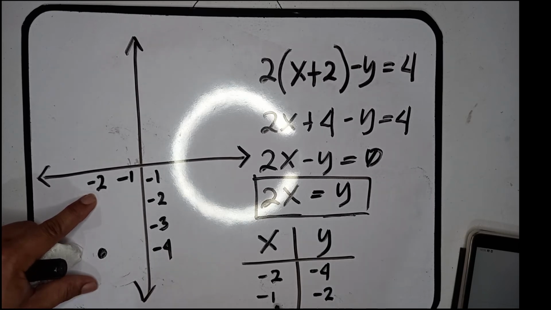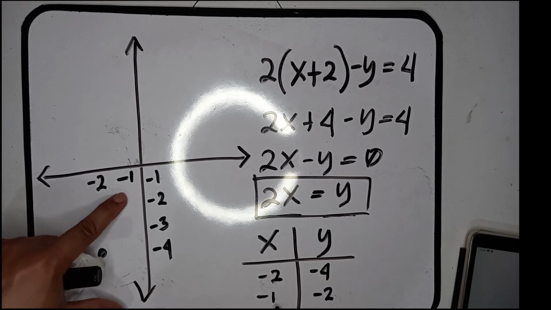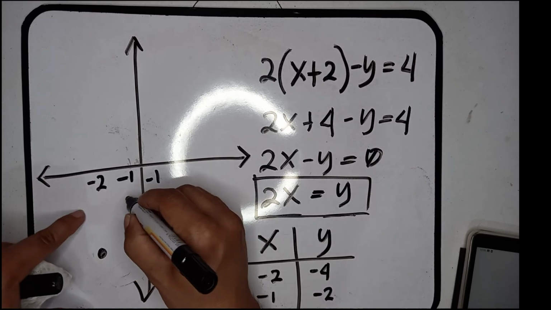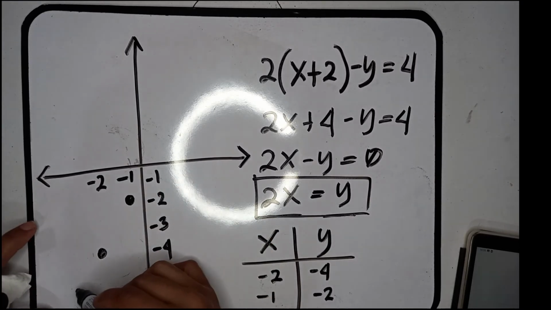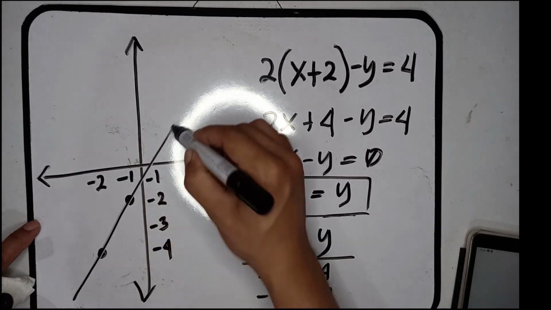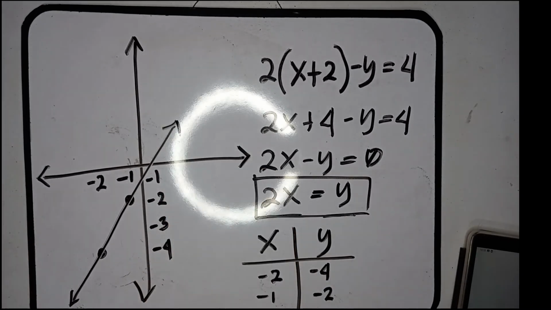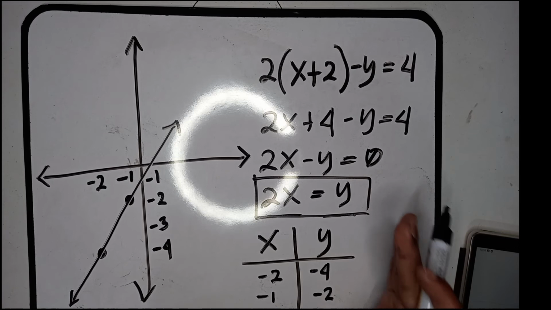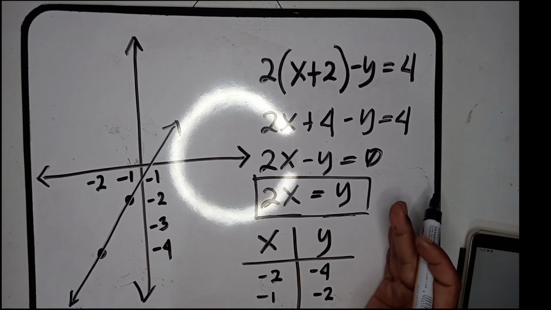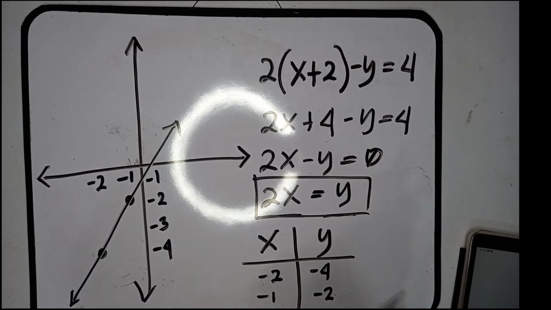And then for the second pair, we have -1 for x and -2 for y. So the point is around here. So we can now draw the line through these points. There you go. That is how we plot this equation. So the intercept method is not always the easiest way of solving the equation.